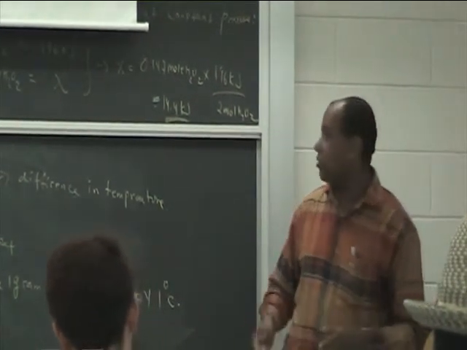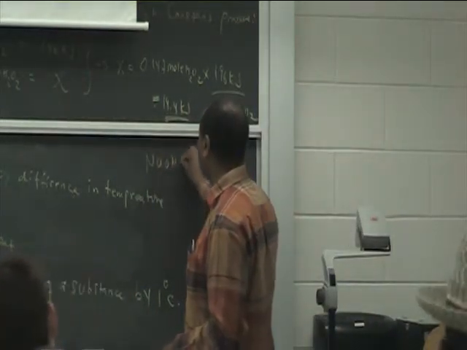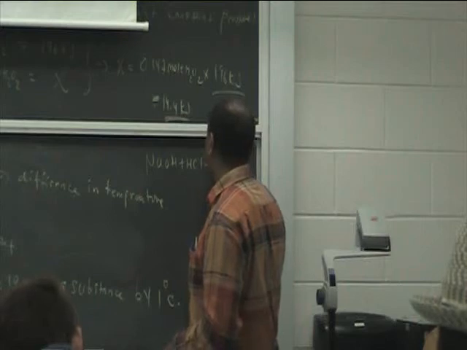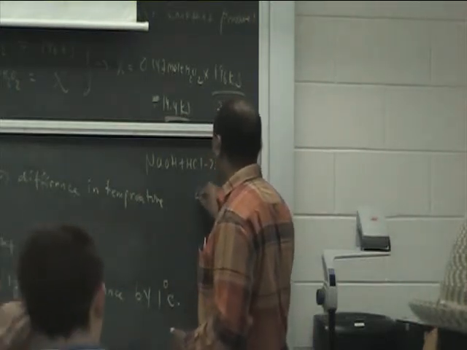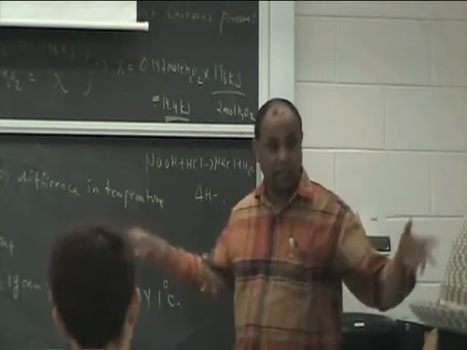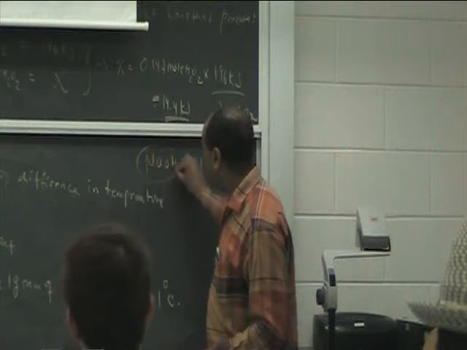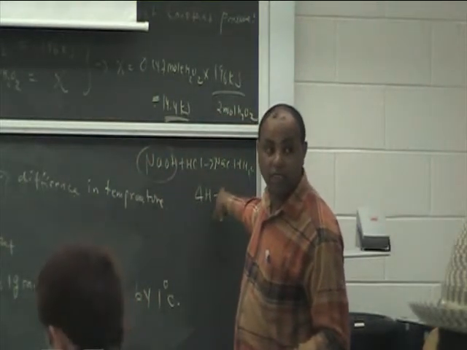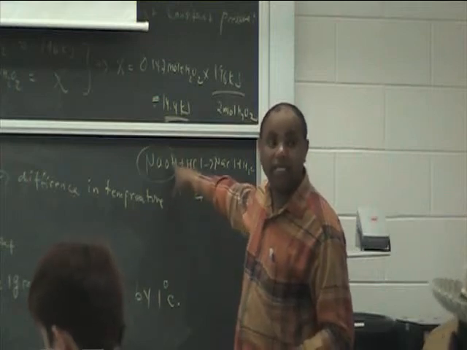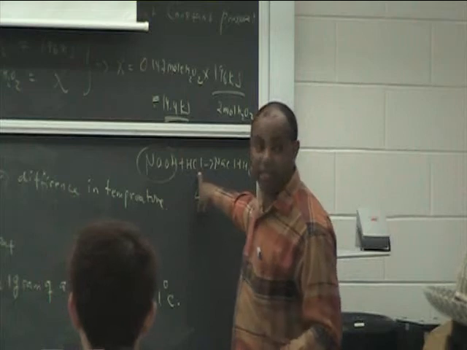But you see, you may have a reaction. NaOH reacts with HCl, gives you NaCl plus water. And this generates some kind of heat, right? But you may be asked to find what is the contribution of NaOH in generating the heat, the molar capacity or the heat capacity of NaOH, or the heat capacity of HCl.